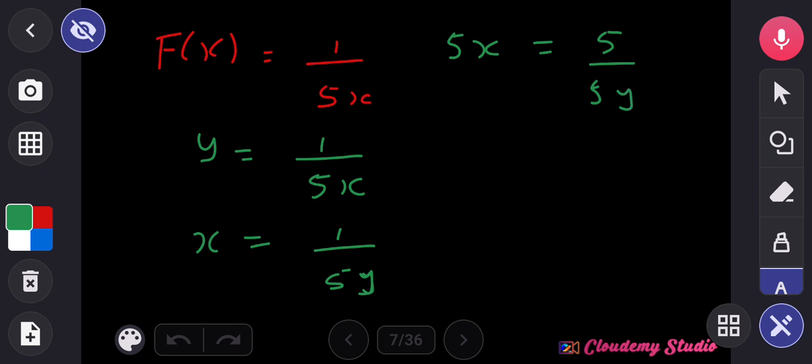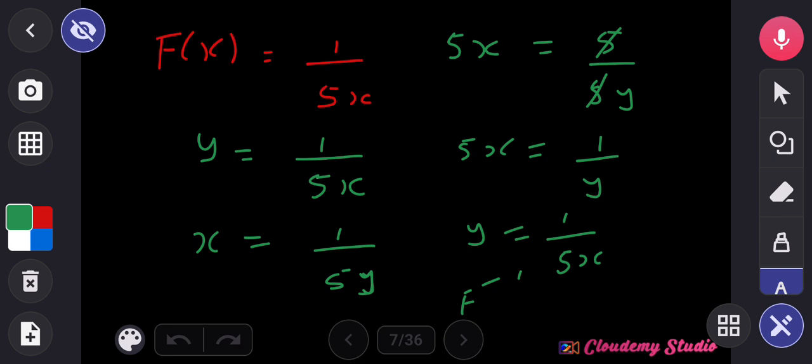What's the next thing? Cancel out this one. We're going to be having 5x equals 1 divided by y. And if you cross multiply in making y the subject of the formula, my y will now be equal to 1 over 5x. Therefore, my f inverse of x equals 1 over 5x. That's my answer.